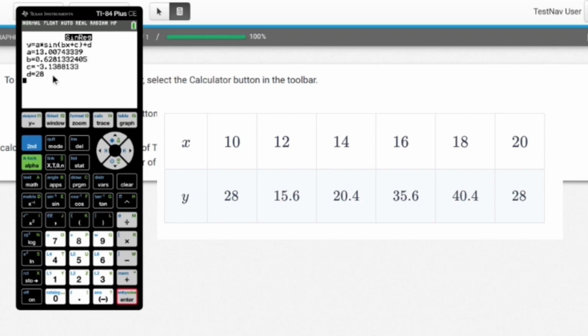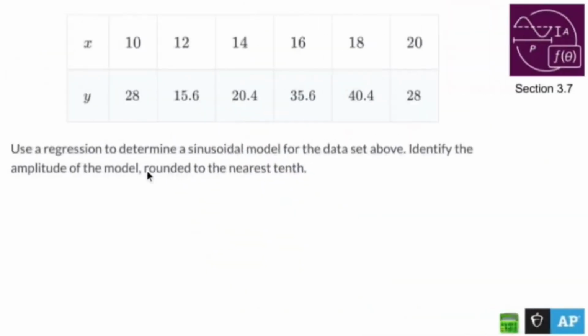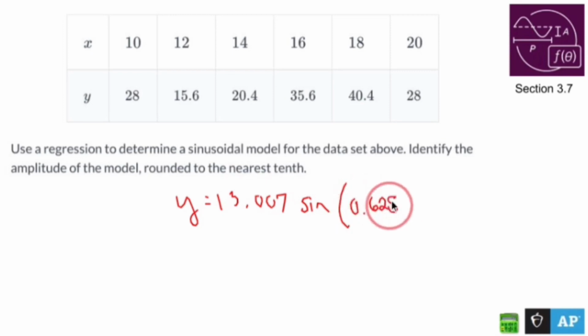So let's go back and write that out and answer the question that they're asking us. All right, so don't ever expect sine reg to be pretty. It never is. But we came up with an equation, and that equation was y equals 13.007 times sine of 0.628x minus 3.139, close it, plus 28.